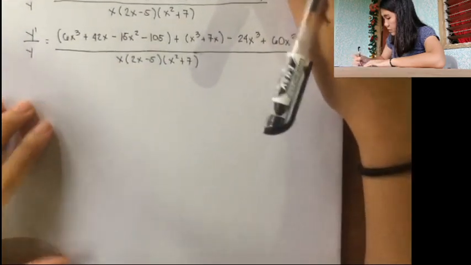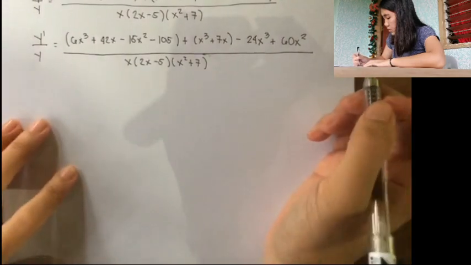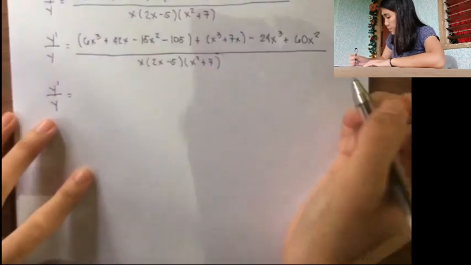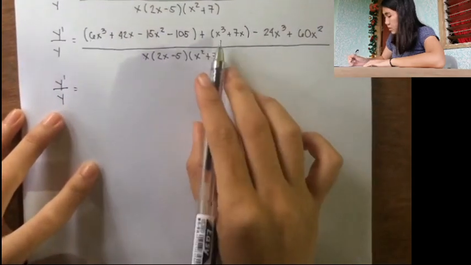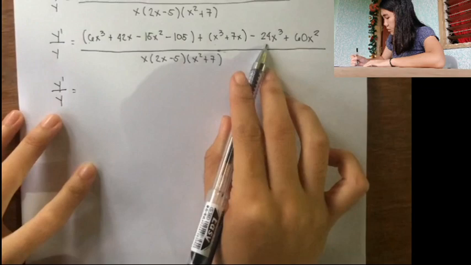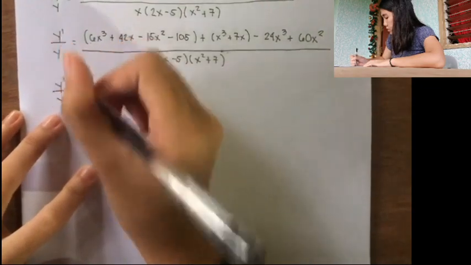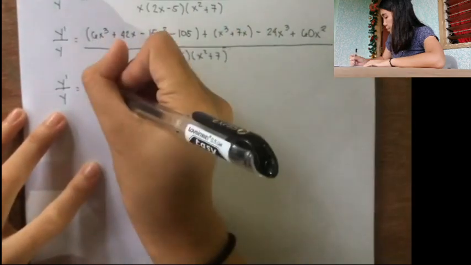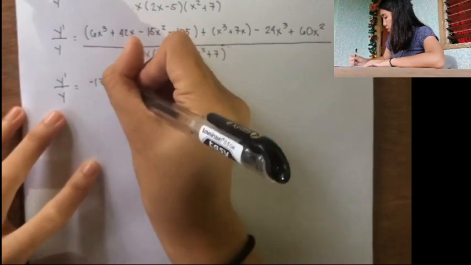We simplify it again by collecting like terms. Y prime over y equals 6x cubed plus x cubed minus 24x cubed, which is equal to negative 17x cubed.